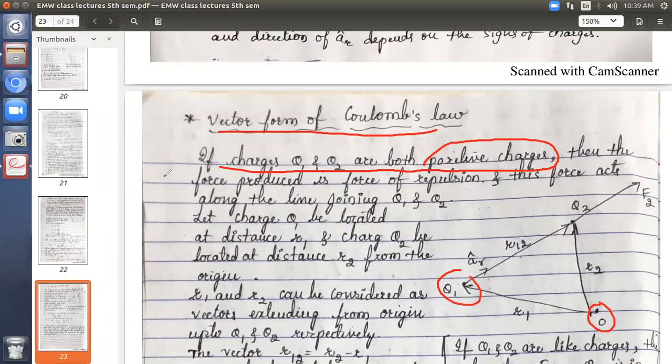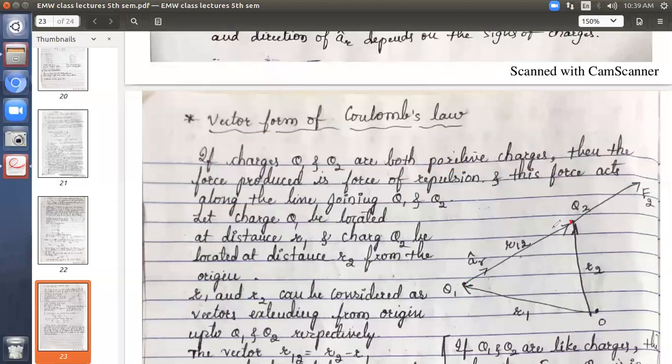If you check the coordinate system, the three-dimensional rectangular coordinate system, the origin is O and the coordinates are 0, 0, 0. You know this already. And Q1 is here and Q2 is here. Two charges are there, Q1 and Q2, of the same polarities, positive polarities. Then the force produced is the force of repulsion.